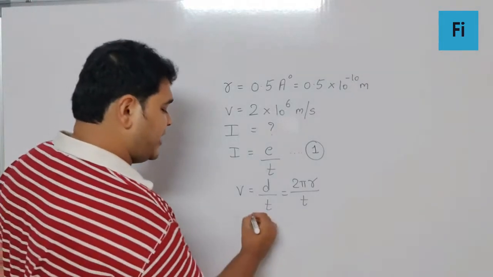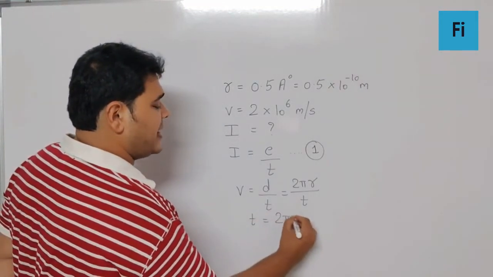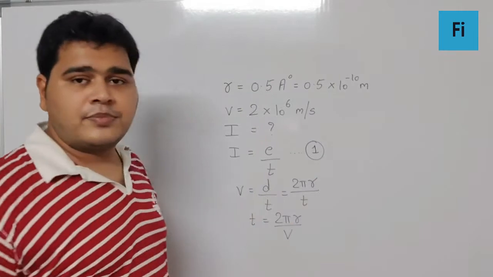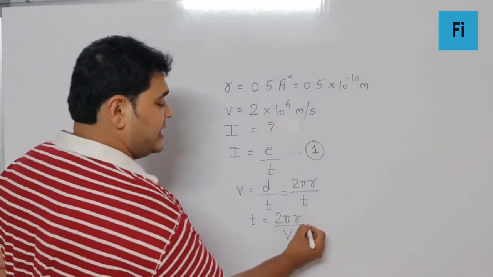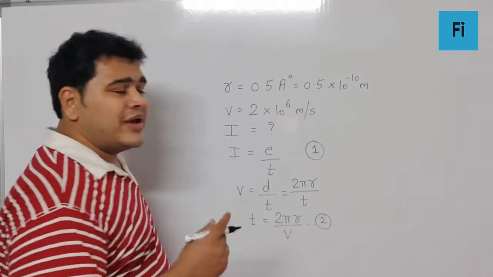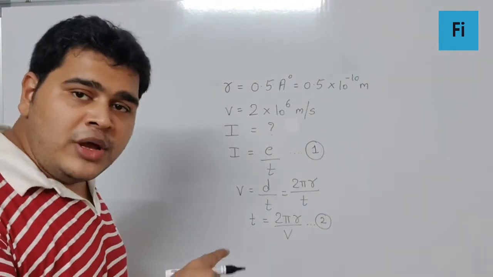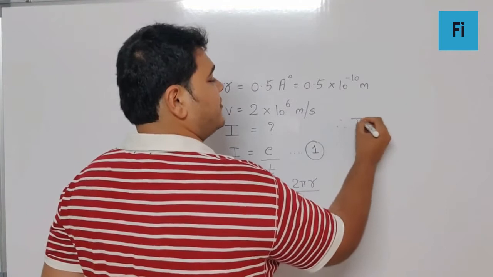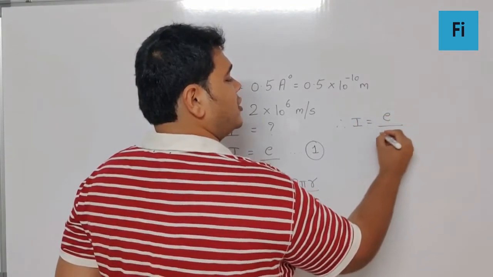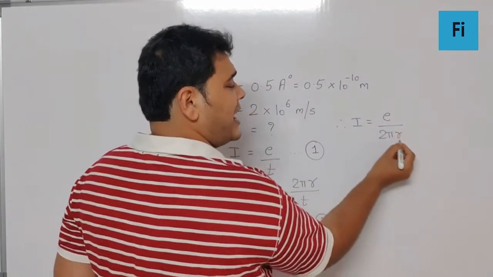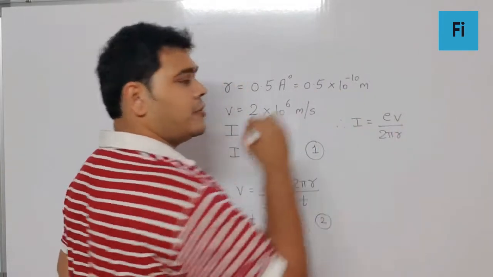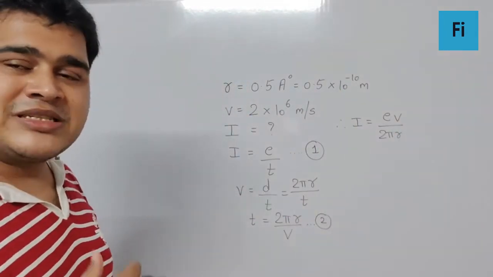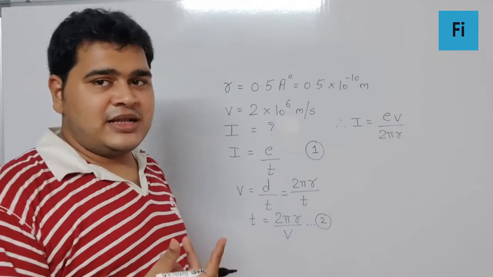And so we can say the time is 2 pi r by v. Definitely we can take this as equation number 2. We can substitute equation 2 in equation 1. Once we do that, we get I is equal to e upon 2 pi r by v, which means v goes on top. So now we just need to substitute the values and get the answer.